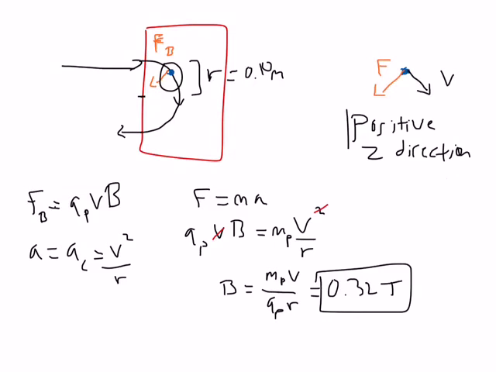If you wrote out of the page, that would work. Up is probably not a good idea, because up could be interpreted as towards the top of the page, which is not correct. So positive z direction is the clearest, and out of the page is probably the second best.